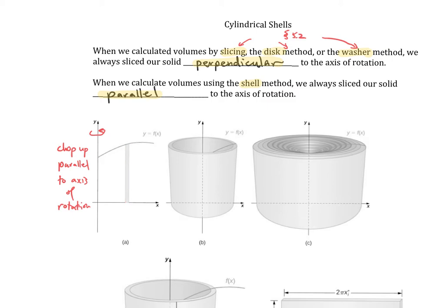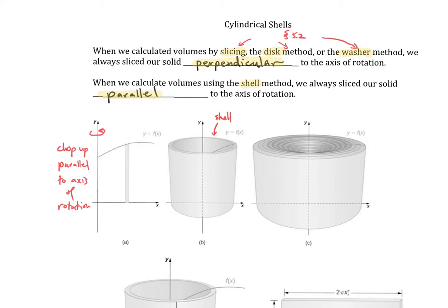And when we rotate that thin slice about the y-axis, we get something that looks like a cylinder, a circular cylinder, but it has a little bit of thickness. So we call this circular cylinder a shell. Okay.